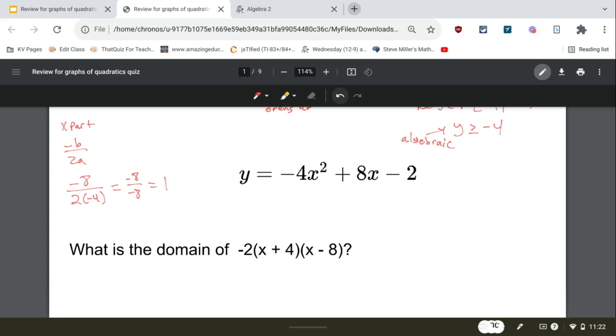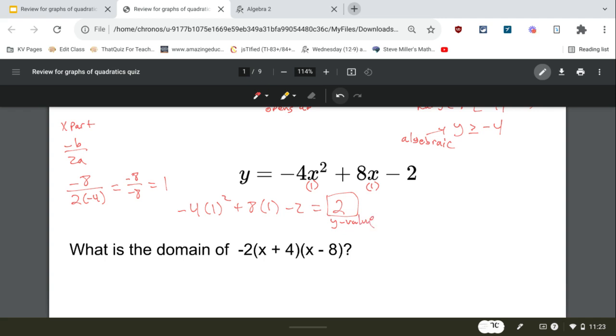And then to find the y value, you're going to take that 1 and substitute it in for these x's right here. So it's going to be -4 times 1 squared, plus 8 times 1 minus 2. And if you work all this out, you're going to get 2. So this is going to be the y value of our vertex.